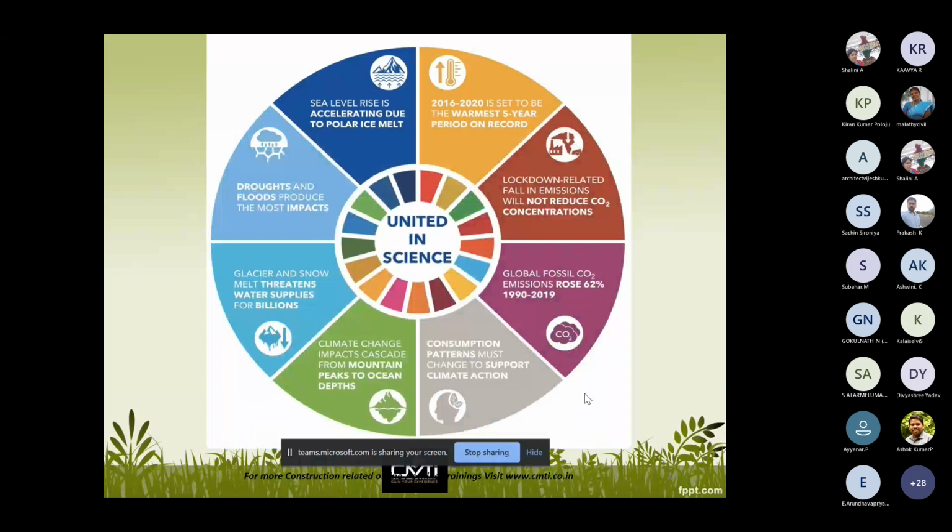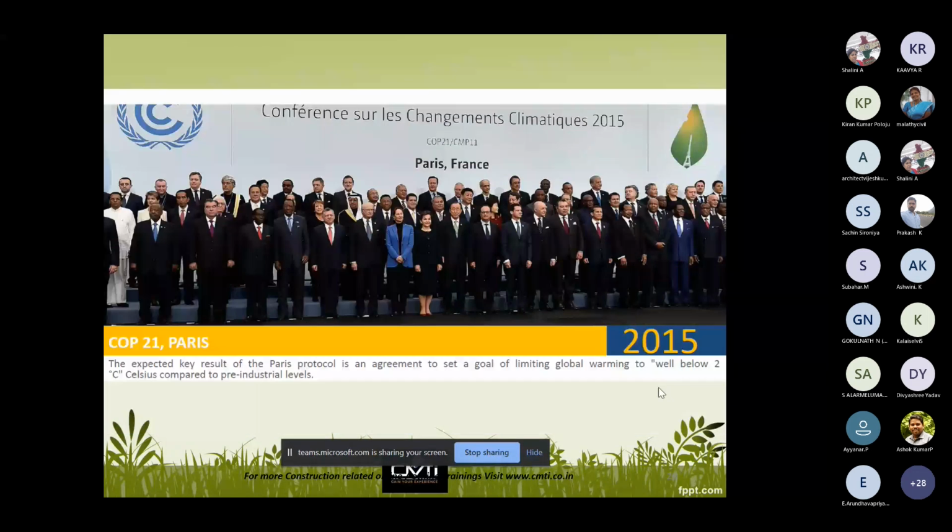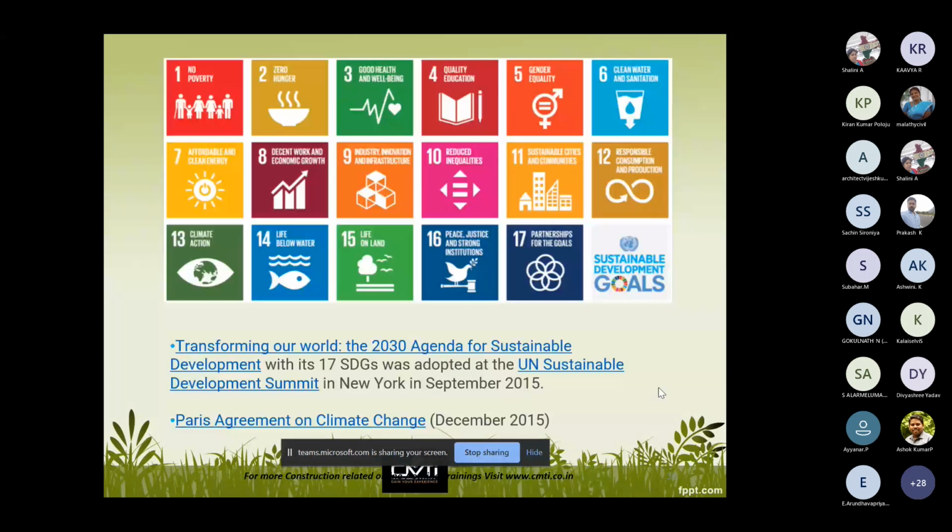So these are world level conferences happening regularly. India is also attending these conferences regularly and trying to reduce the carbon footprint. So these are some of the goals of Sustainable Development. 17 SDGs they have adopted at the United Nations Sustainable Development Summit in New York.